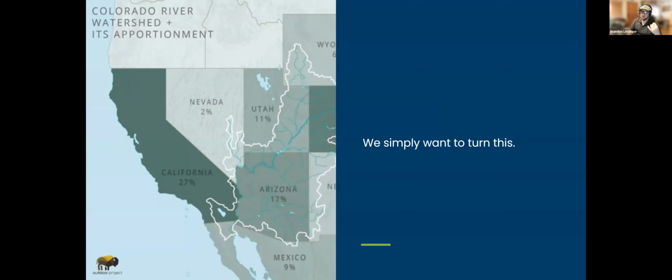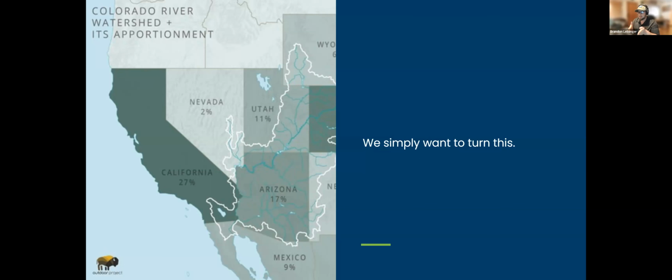And just to note that this is a map of the Colorado River overlaid with all of the states. So rather than working holistically on a watershed management plan for the Colorado River, in which everybody's an equal stakeholder and all of the communities that are impacted are part of that process, instead we've divided them up into 7 different states who now are competing for scarce resources.